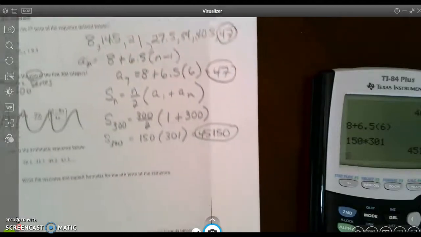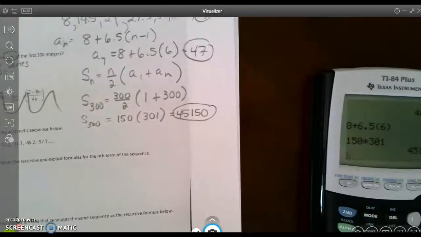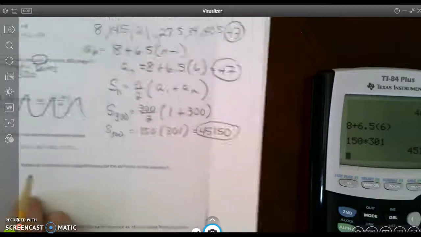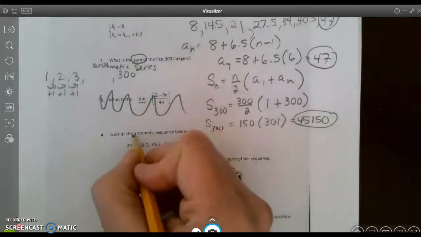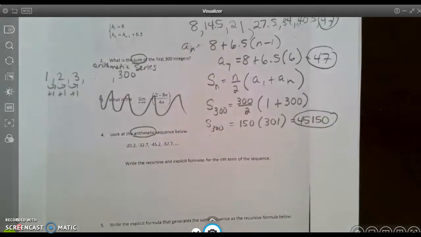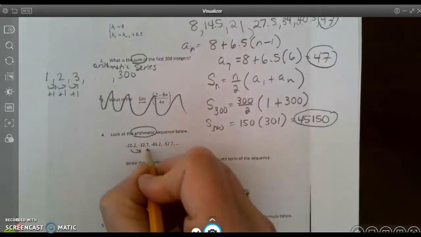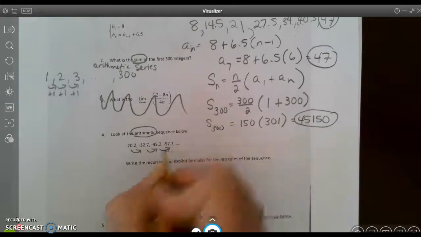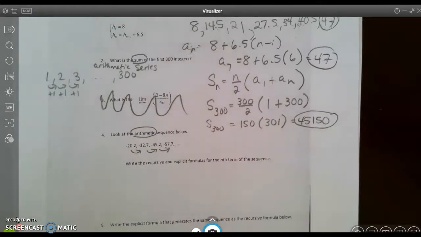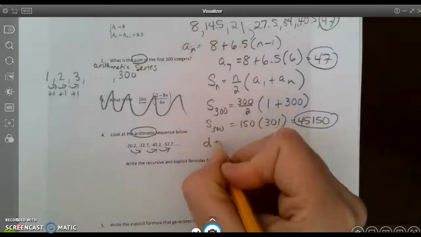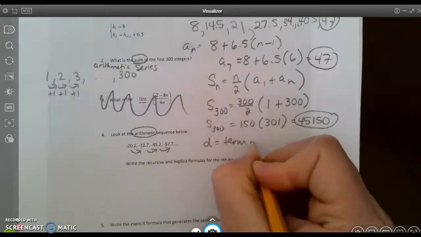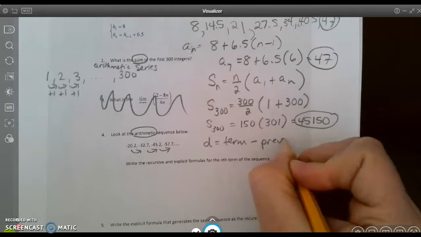Let's go to number 4. Just 2 more and we're done. Look at the arithmetic sequence below. Sorry, off the screen here. They tell me it's arithmetic, so I know there's a constant difference. It must be having the same thing happen from term to term. And since I know it's a constant difference, remember the difference is always term minus previous term.